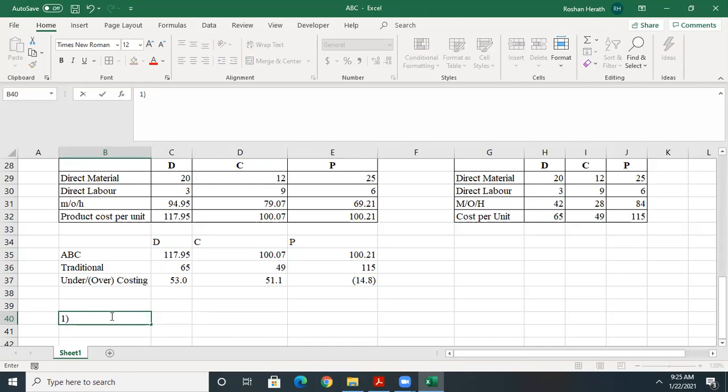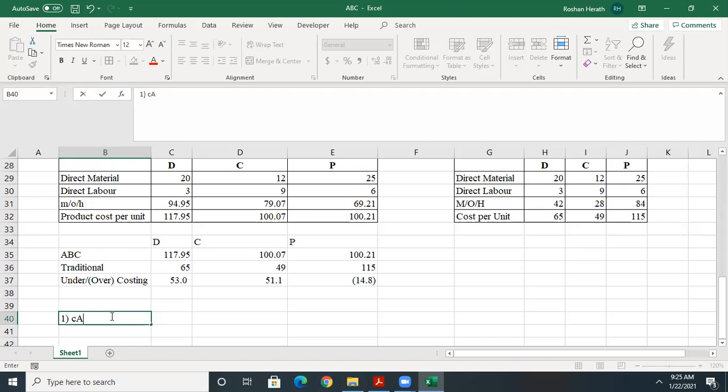One reason, you are using more activity cost centers, and you are considering the cause and effect relationship. So when you're linking this activity cost to the cost object, you are looking at the cause and effect relationship.